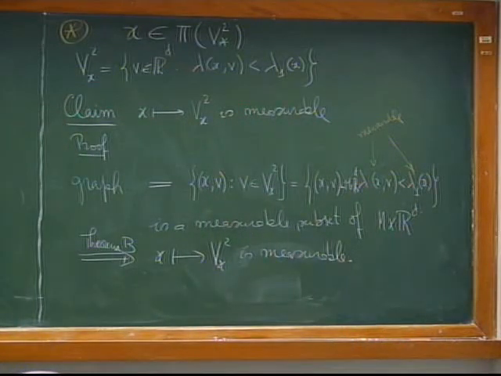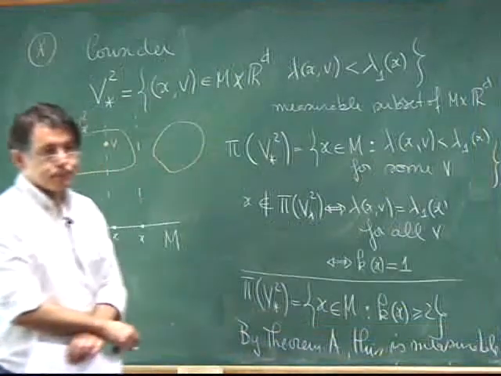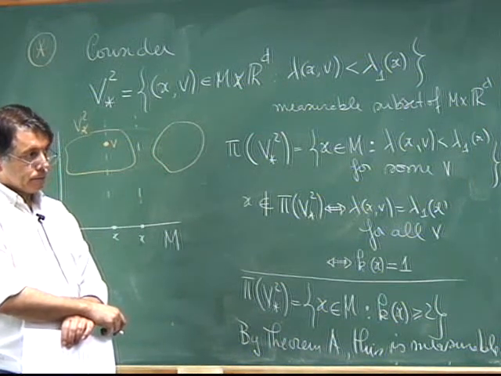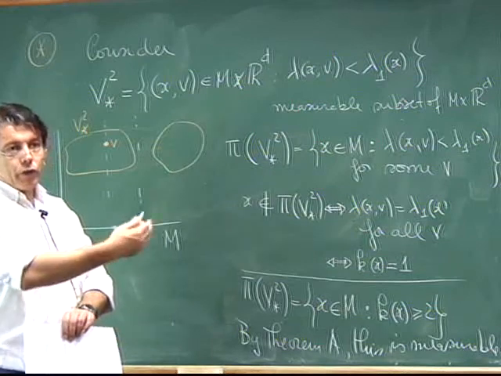The points for which k equals 1, we don't have to do anything anymore. It's already done. So you see, we use both theorems.